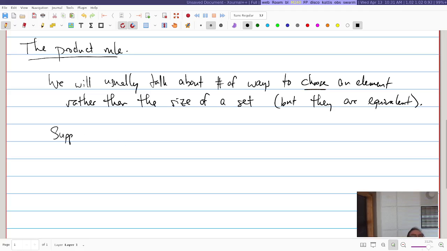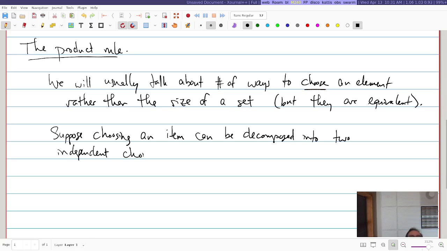So suppose that choosing an item can be decomposed into two independent choices, with, say, C1 ways to make the first choice, and C2 ways to make the second choice.